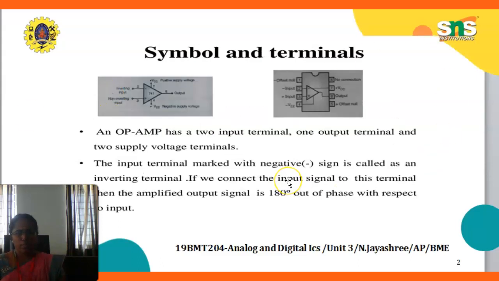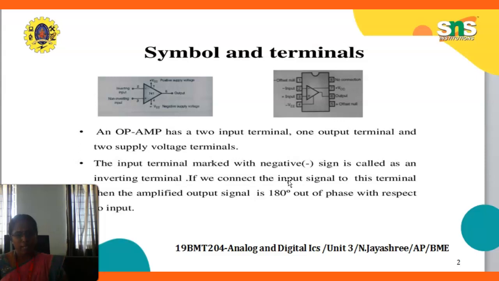So this is the symbol and terminals of the Opamp. The Opamp has two input terminals, one output terminal and two supply voltage terminals. The input terminal marked with negative sign is called an inverting terminal.